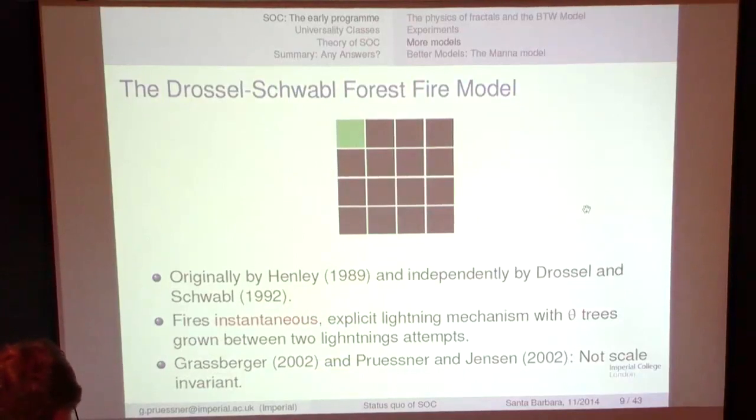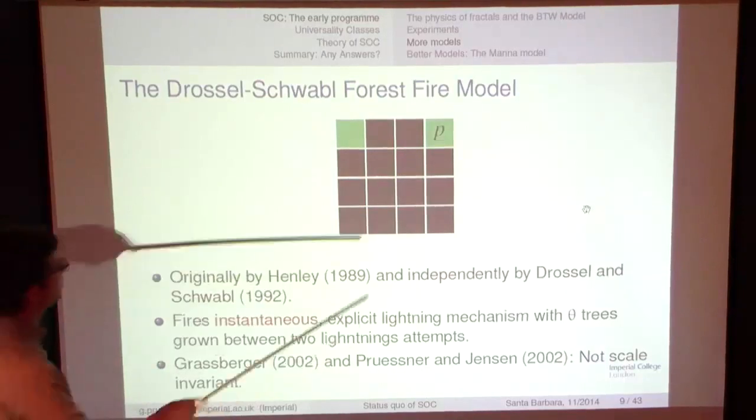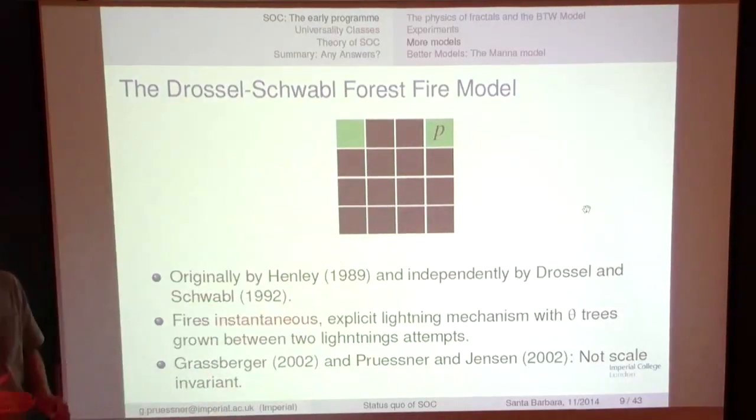After that, these trees are removed, and then there's a certain growth that happens with rate P. So you've got a competition between the growth and the dropping of matches. Growth happens most of the time, and then every now and again you light up a tree.